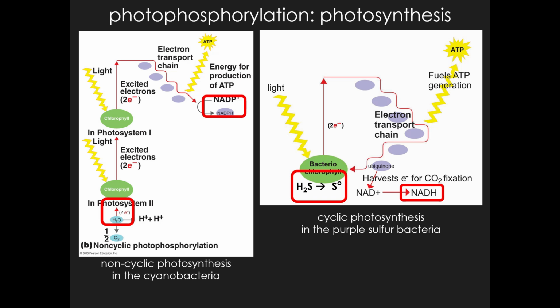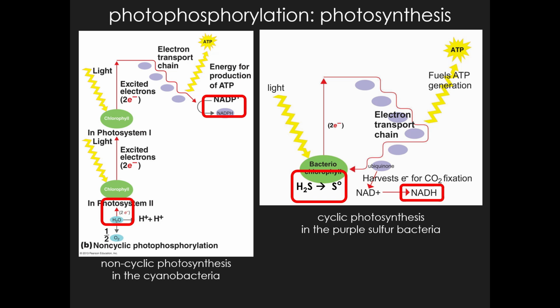The electrons flow through, the protons are translocated across, the protons move through the ATP synthase, generating ATP, and instead of being thrown away, the electrons are used to reduce NADP to NADPH. So here you have your ATP and you have your reducing power, and that is the light dependent portion of photosynthesis. And we know that that ATP and those NADPH are going to go to the Calvin-Benson cycle and be used to fix CO2.